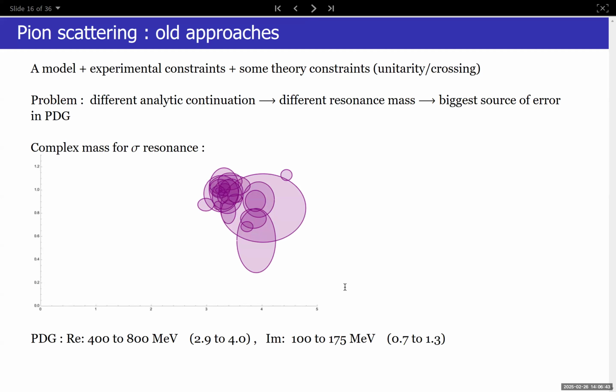For example, in this plot I showed you here, that's the isospin 0 S matrix on the complex plane. Horizontal axis is real S. Vertical axis is imaginary S. Here you see multiple circles. Each circle corresponds to a paper. So each circle is coming from a model that tries to fit with experiment in the low energy.